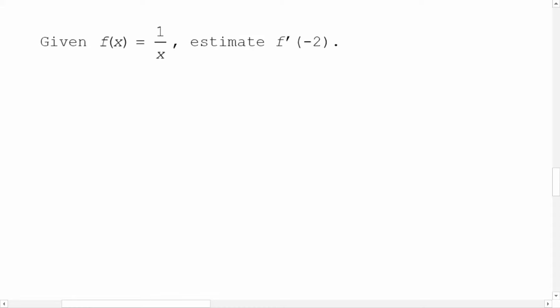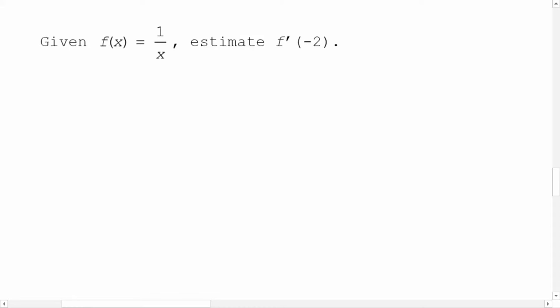So negative 2 equals negative 1 half. So 1 over negative 2 plus h. Sorry, no, 1 over x. We got that equation, 1 over x. So the limit as h goes to 0. Wait, hold on.